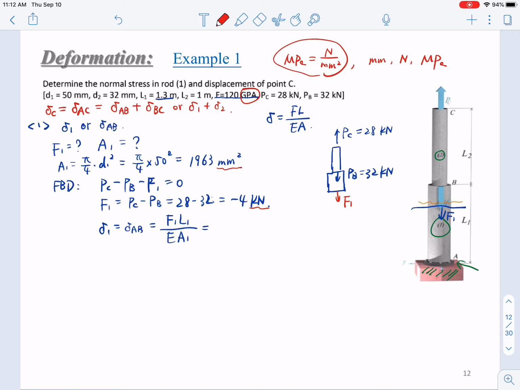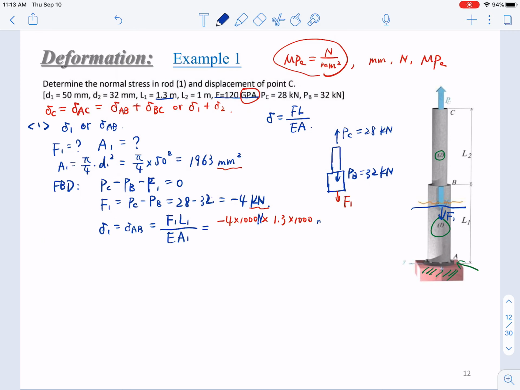You just look at here, F1 is negative 4 kilonewton, so that is negative 4,000 Newton, right? Then times L1 is 1.3 meter, that is 1.3 times 1,000 millimeter. Okay.